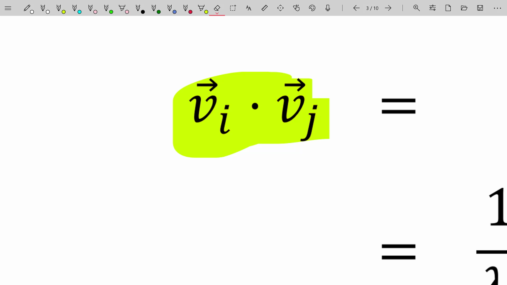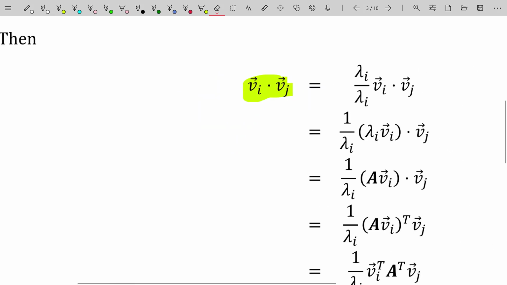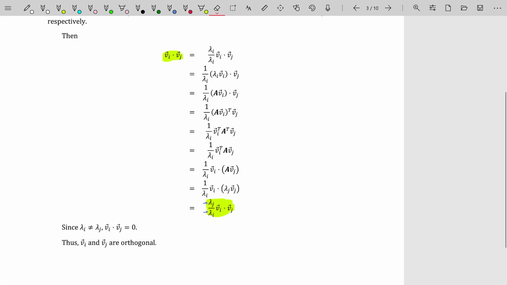So I guess the point is, this dot product will be 0 no matter what. So these two vectors, eigenvectors that is, from completely different eigenspaces must be orthogonal.